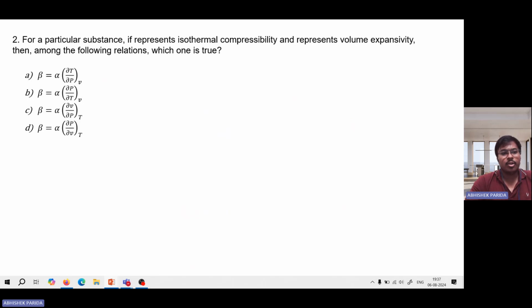Now coming to question number 2. For a particular substance, if alpha represents the isothermal compressibility and beta represents volume expansivity, then among the following relations, which one is true? Try to find out.